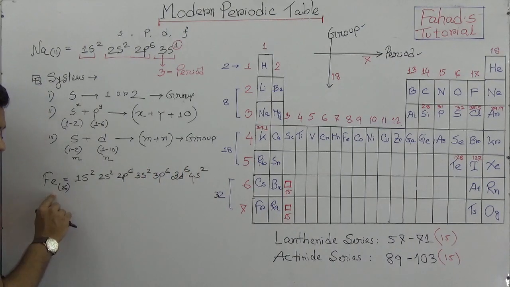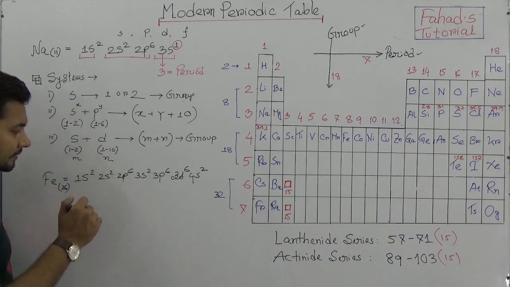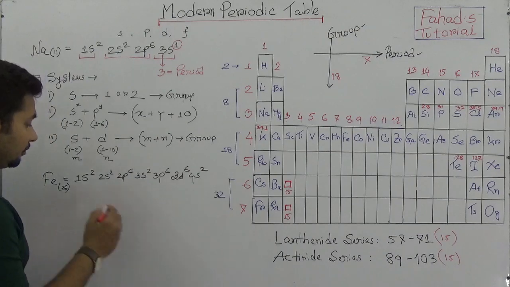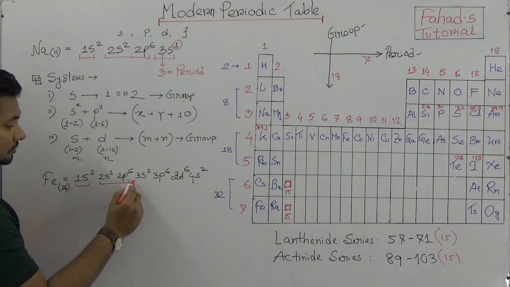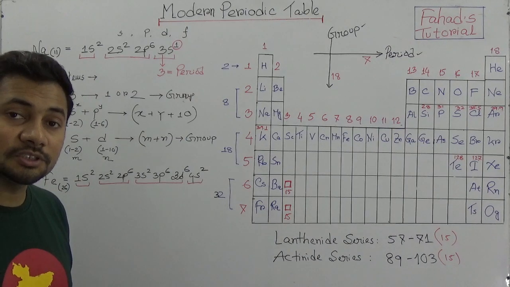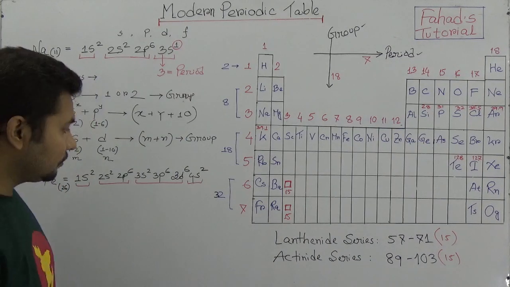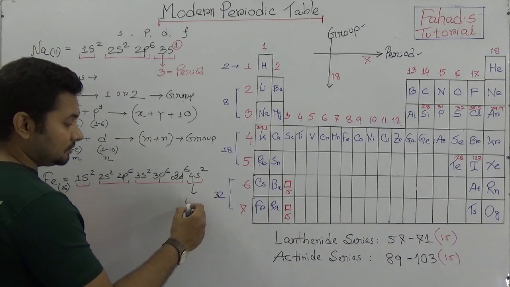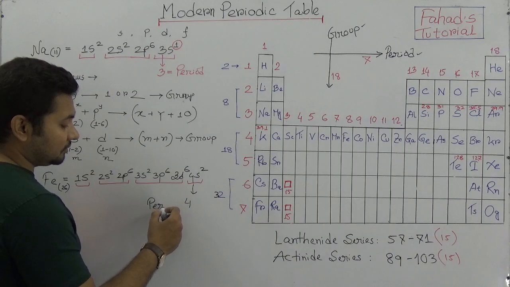Now in the electron configuration of iron, how many shells are there? Iron's configuration has 4 shells, like 1, 2, 3 and 4. So the number of outermost shell is 4, so iron belongs to period number 4.